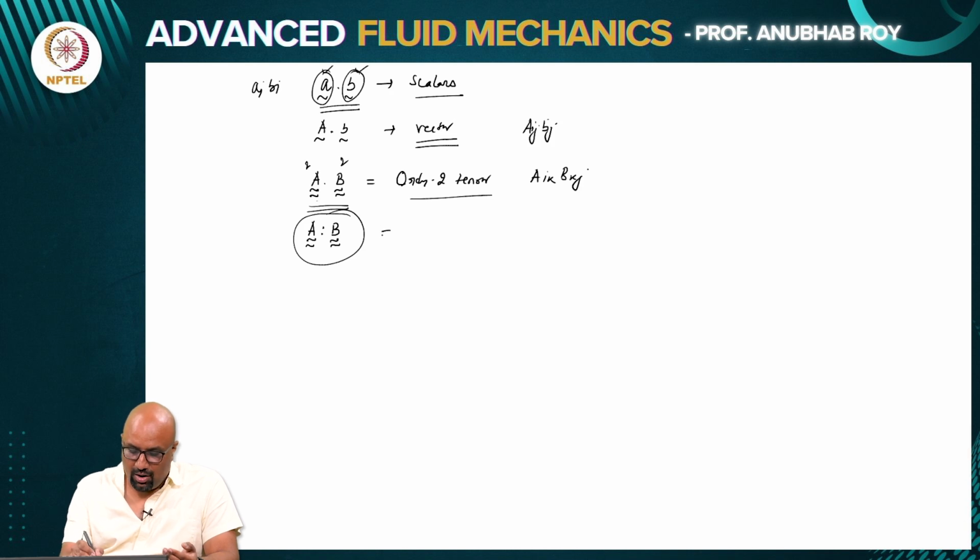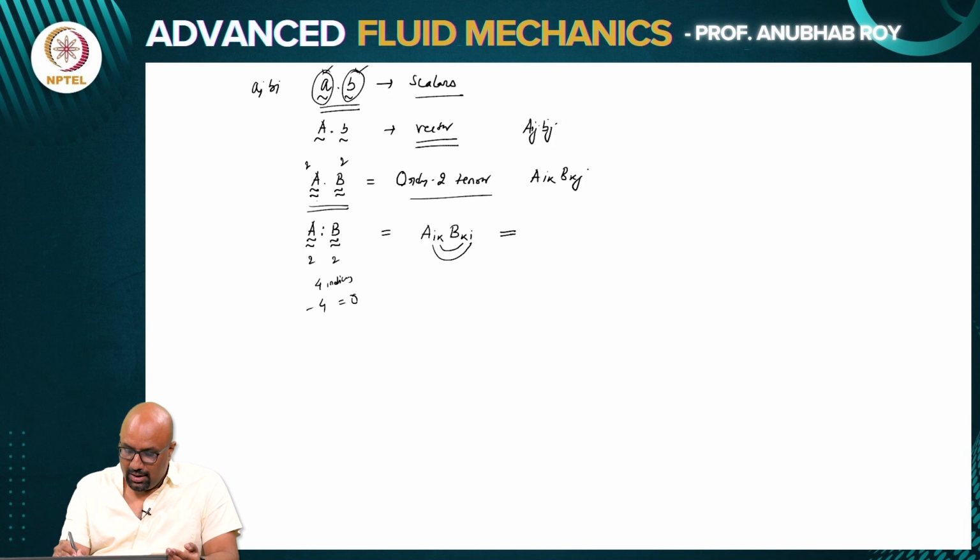So, when you are doing a double contraction here, this is going to be 2 indices coming from A, 2 indices coming from B. You are working with 4 indices, but then you have the contraction happening twice, which means finally what you would get would be a 0th order object, which is a scalar. So, how does this look like? This is aik times bki. So, you first do a contraction with the indices that are inner and then you do it for the outer.